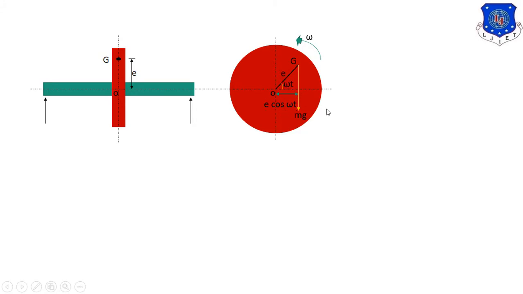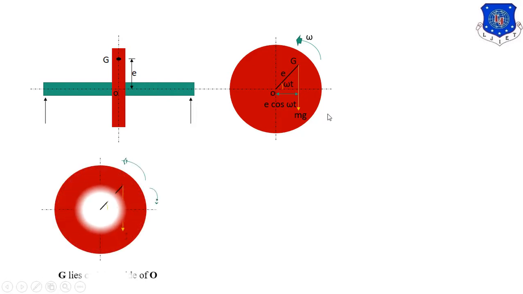Now let us consider another motion. Suppose G is at the right side of O. It means it is rotating in the anti-clockwise direction. If this rotates in the anti-clockwise direction and we have CG at the right hand side, then what will happen?